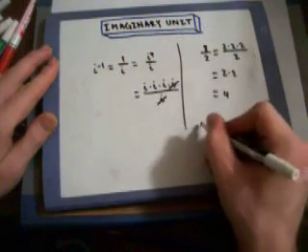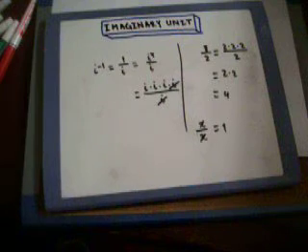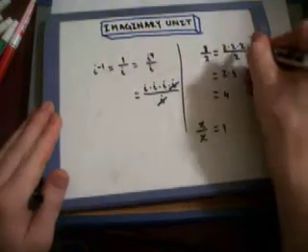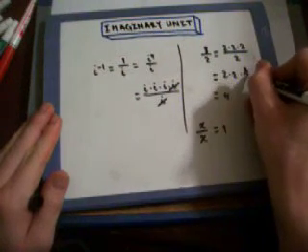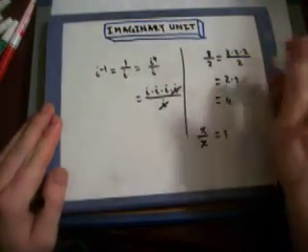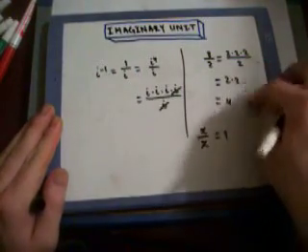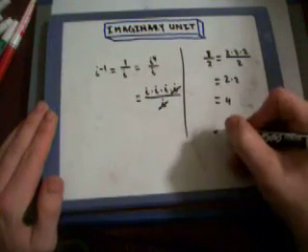Any number over any number is just equal to 1. So I could think of this as 2 times 2 times 2 over 2. That 2 over 2 just turns into a 1, and I don't even have to include that because x times 1 is x.